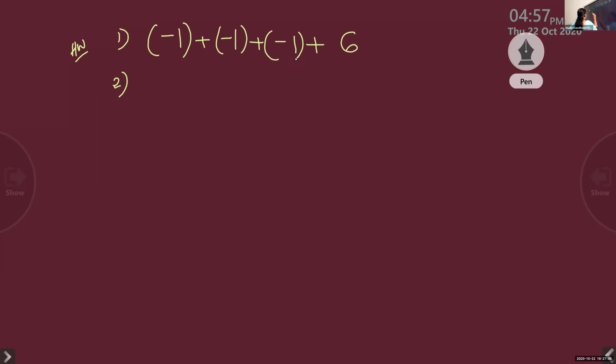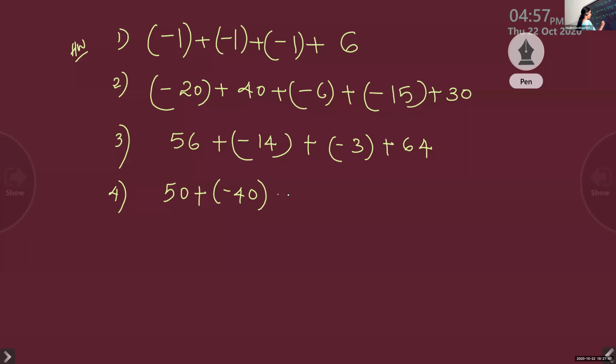Third one: 56 plus -14 plus -3 plus 64. Fourth question: 50 plus -40 plus 2 plus 10 plus -3.